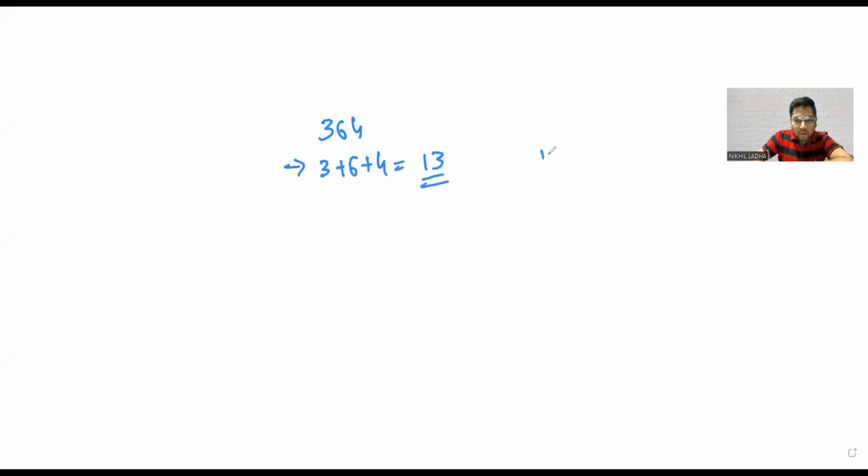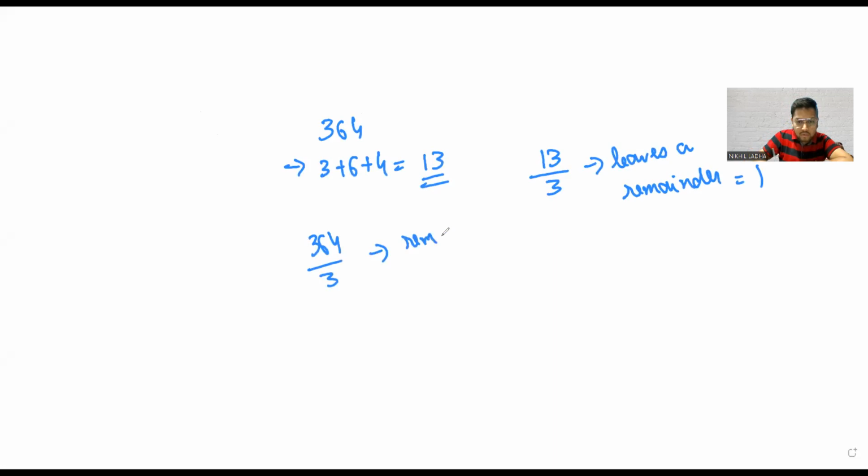So 13 when divided by 3 leaves a remainder 1. So it means 364 when divided by 3 will leave a remainder as 1.